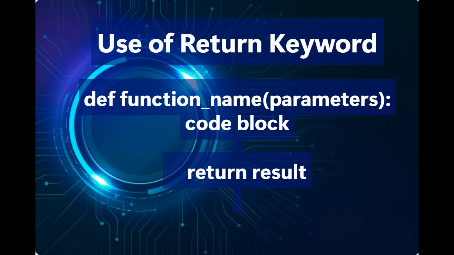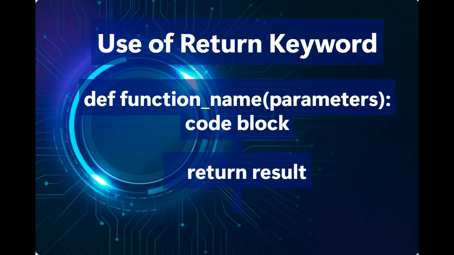This is a syntax that shows how to make use of the return keyword. After the whole function has performed the specific task, the result from that task, with the use of the return keyword, will now be sent back so that the output of that function can be used in another part of the code.